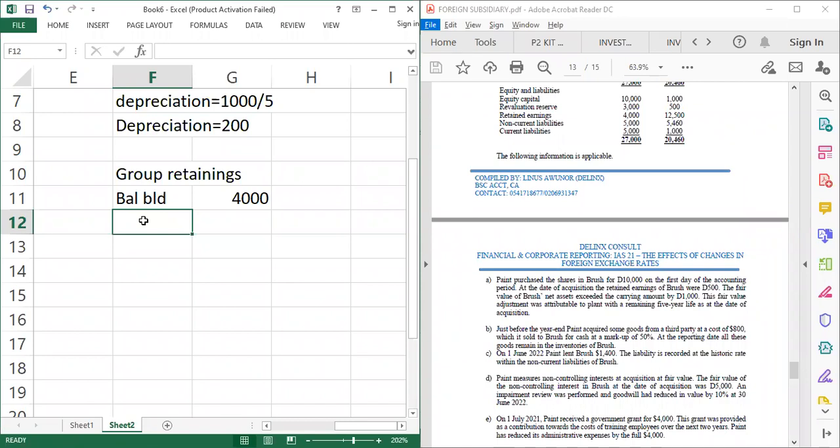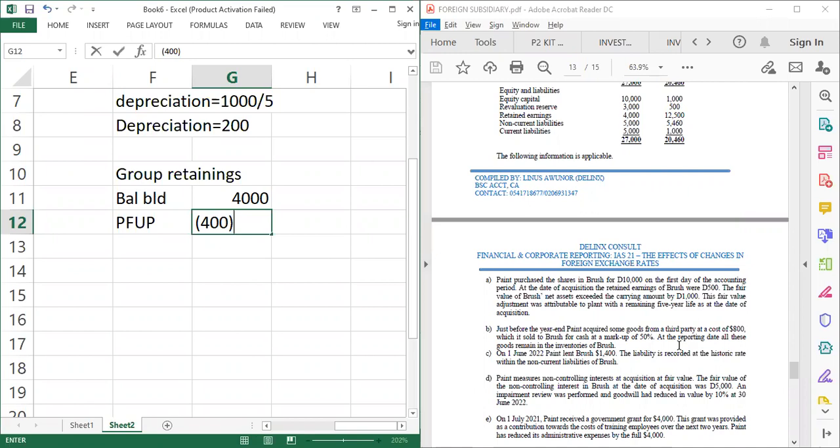That's the 400, 50% of the cost. That will be the provision for unrealized profits, which the parent is assuming that they are going to make a profit of 400 at the time that they are sending the goods to the subsidiary. But at the end of the day, none of these goods were sold. So the 400 profit in the books of the parent must be removed.